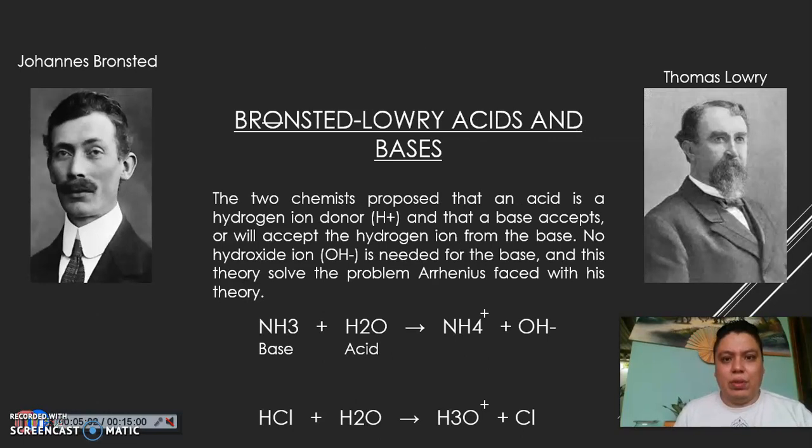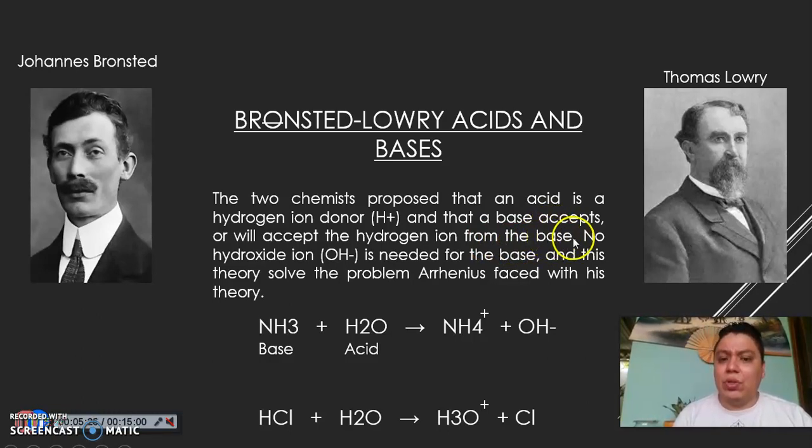And so came the Bronsted-Lowry acids and bases theory. These two chemists proposed that an acid is a hydrogen ion donor and that a base will accept the hydrogen ion from the acid. Sorry, mistaken here. My mistake. From the acid.